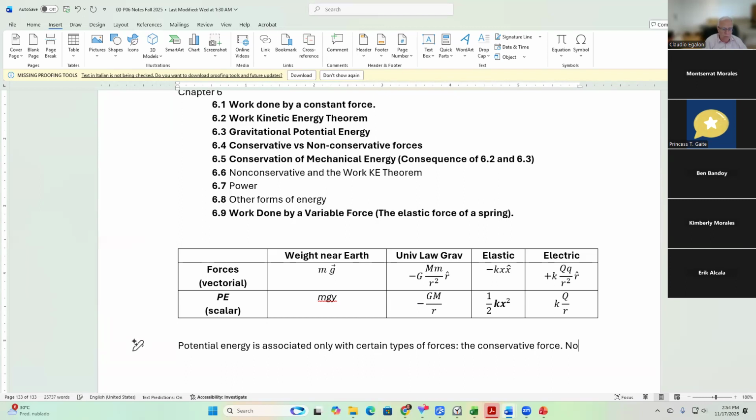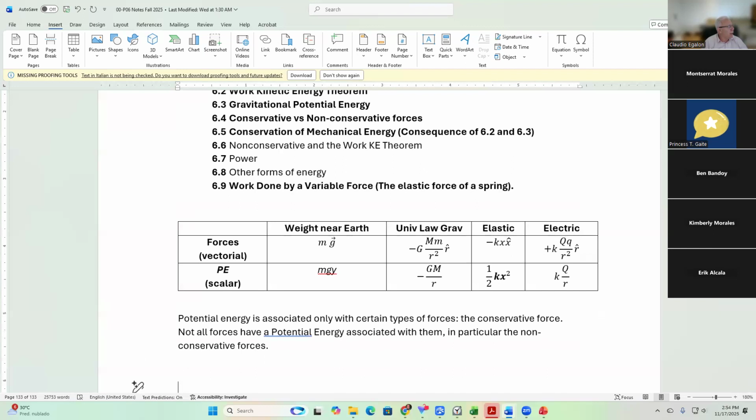Not all forces have a potential energy associated with them. In particular, the non-conservative forces do not have a potential energy associated with them.